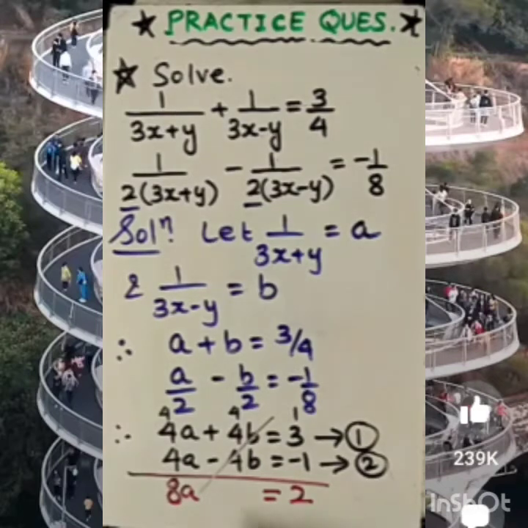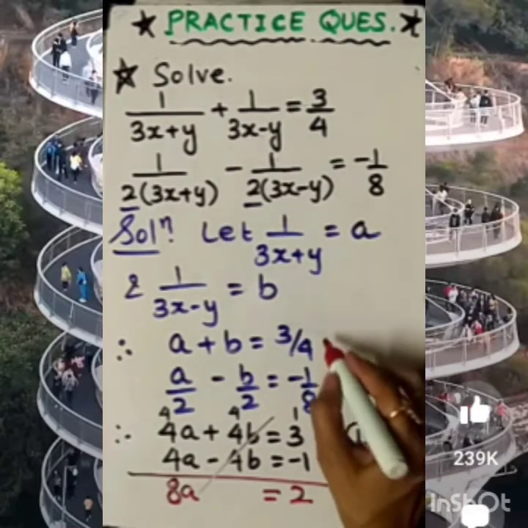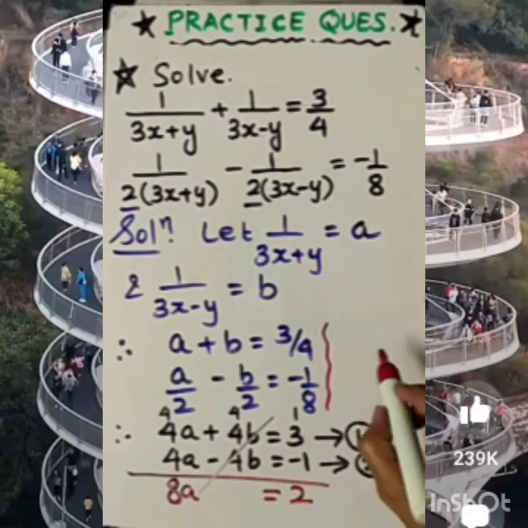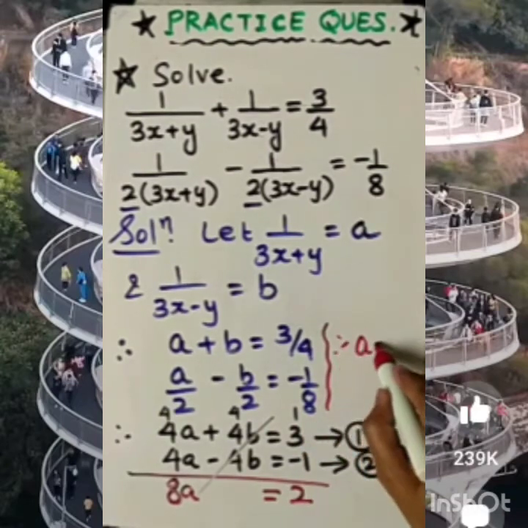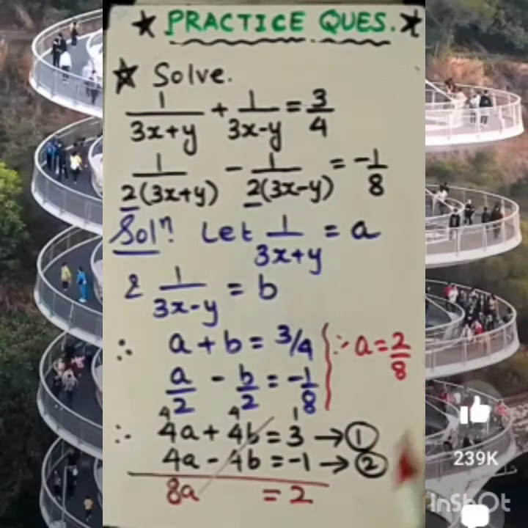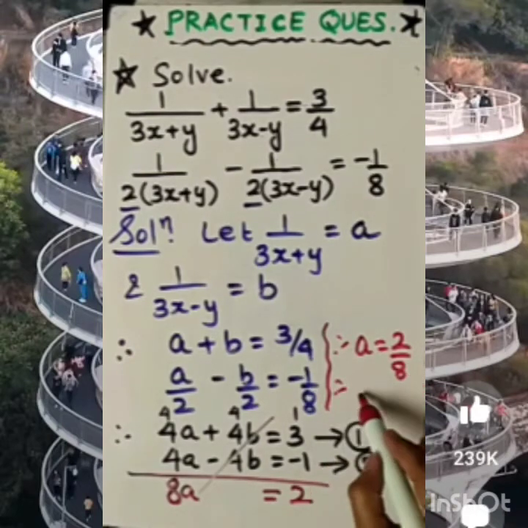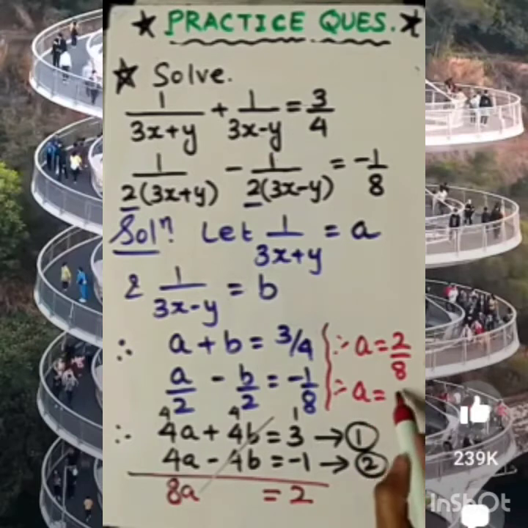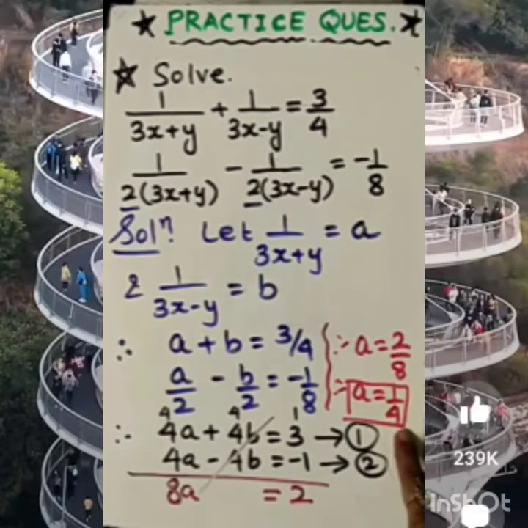So the value of a will be 2 upon 8. You know this 8 will be in the denominator. So finally I can say the value of a will be 1 by 4. Let me put it in a box. This is our first result, a equal to 1 by 4.